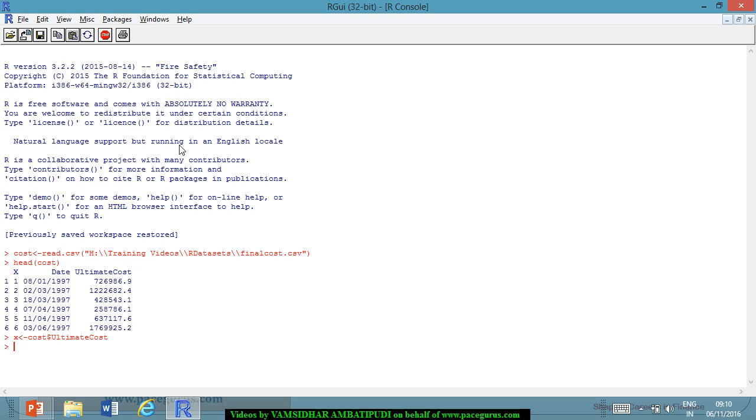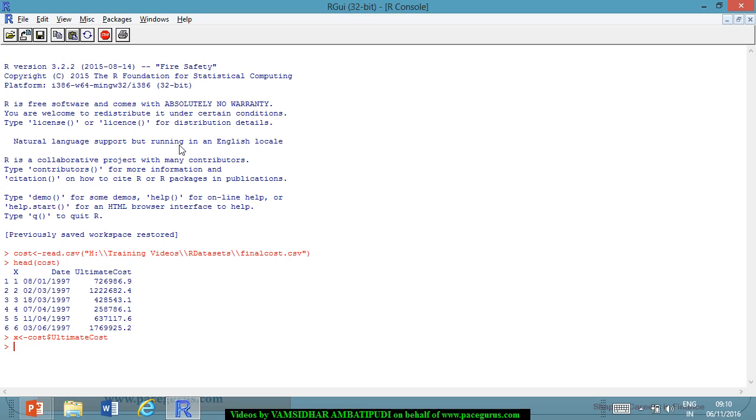Based on this ultimate cost, we will fit different kinds of distributions. We'll try out 3 different distributions, and all of them will go with the maximum likelihood approach. So let's first fit a normal distribution, which I am calling NOR.